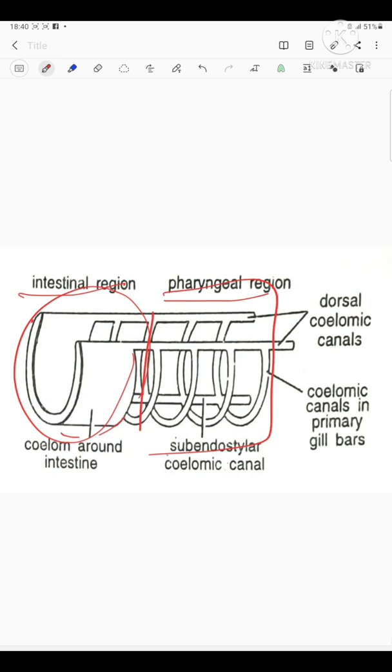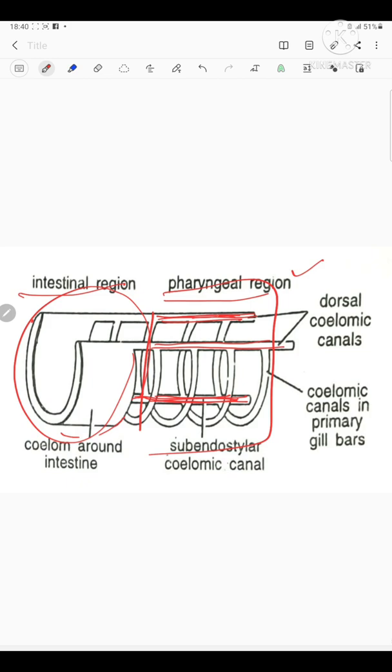In higher chordates, coelom is totally absent in the pharyngeal region, but it is present in reduced form in the case of Amphioxus. A pair of dorsal longitudinal coelomic canals, these are dorsal coelomic canals present just above the dorsolateral side of the pharynx, and thin coelomic tubules, known as the subendostylar coelomic canal.